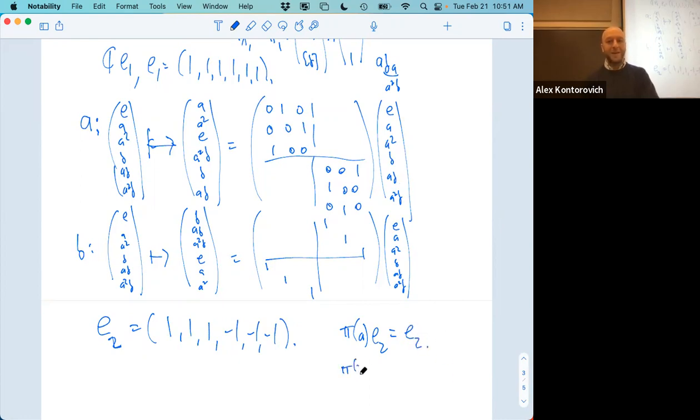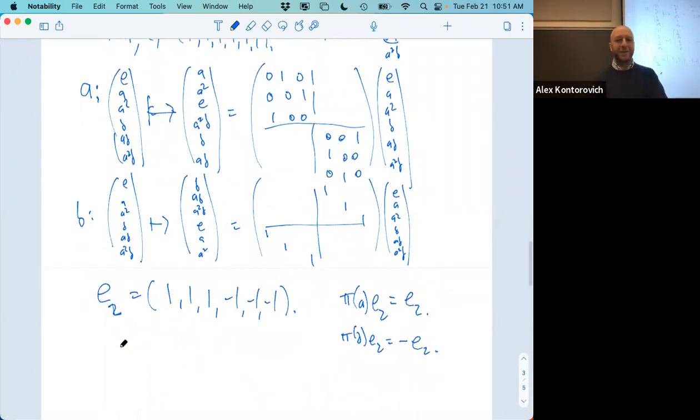What does pi B do to E2? Negative E2. Exactly. It switches the E, A, A squared with the B, AB, A squared B. Okay. So pi 2, what's the character table? Again, I need to know what its value is on E, on the class of A, and on the class of B.